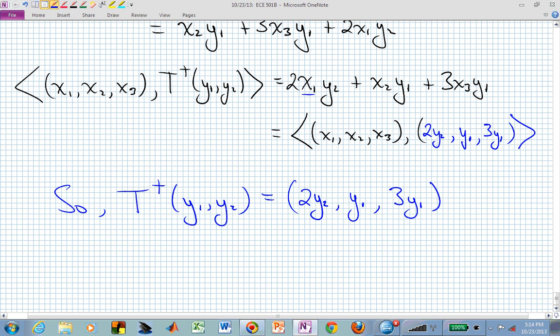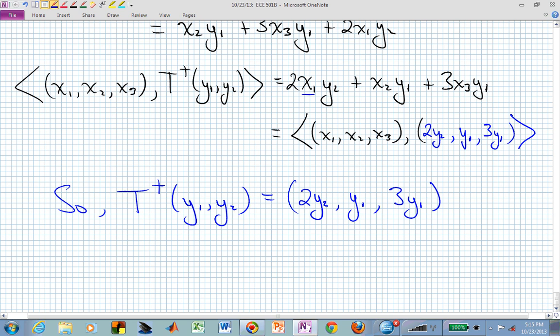Yes. So this is going to be unique. We may have to prove that, but maybe we won't. This is going to depend on the inner product that we've selected, but we were using the Euclidean inner product.